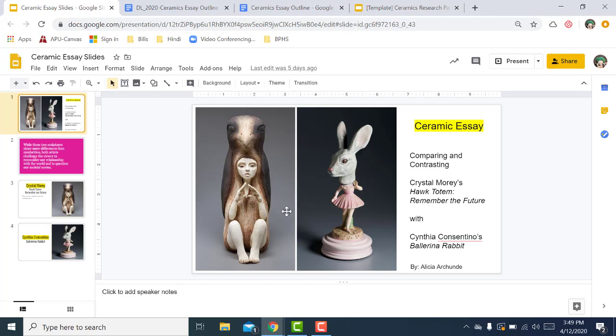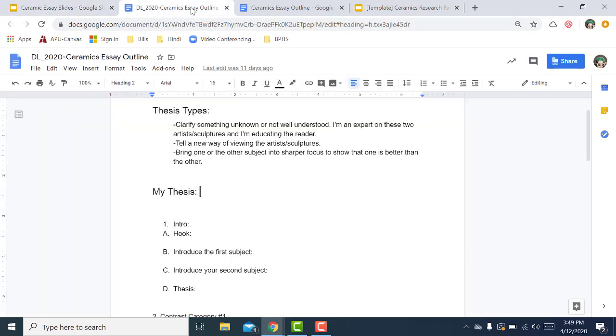But my essay is going to be very boring, and it's not going to be well written because I don't know the ideas, the thoughts, where these two artists are coming from, what styles they're trying to invoke, what's the message. They made these very specifically. I need to do some background research. So if you haven't started yet, make sure you do, because your thesis needs to do something.